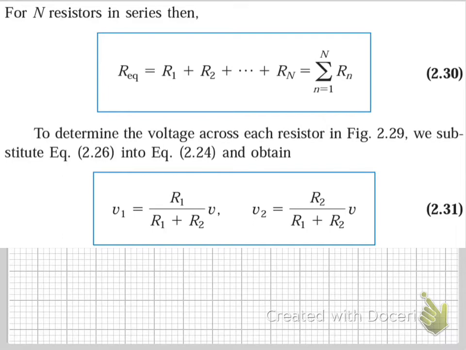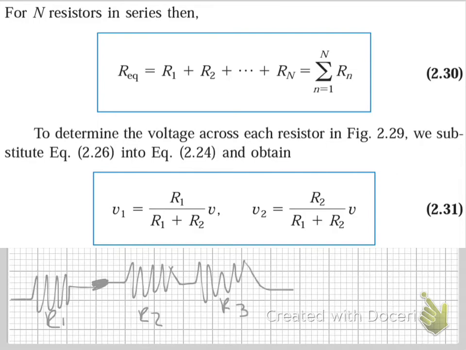So if you had R1 there, R2 there, connected, and R3 there, and you're told to find the total resistance between A and B, it is simply an addition of R1, R2, and R3, right?